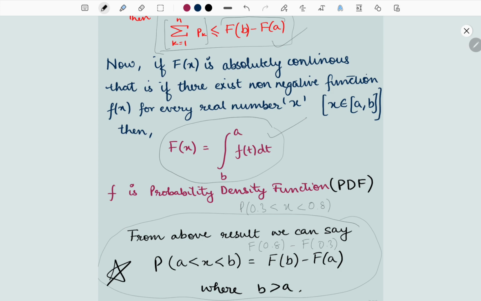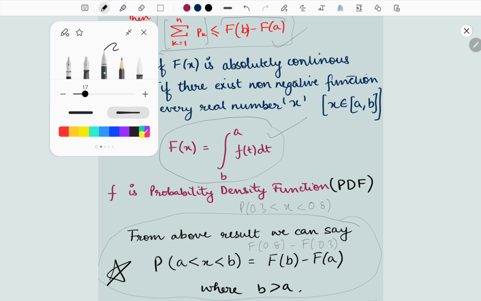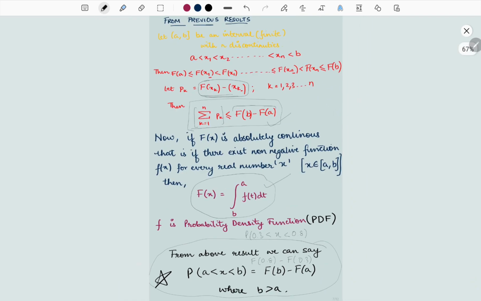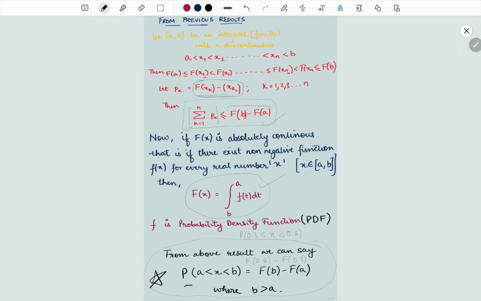You will get your value. Simple. This is most important. It comes in questions, and it will be of much more use to you. Seriously, this is really important.